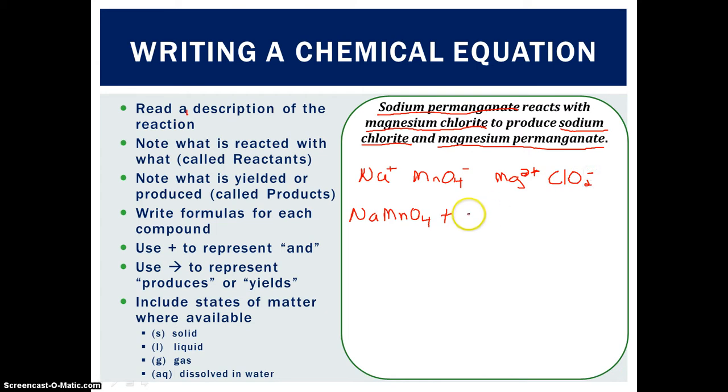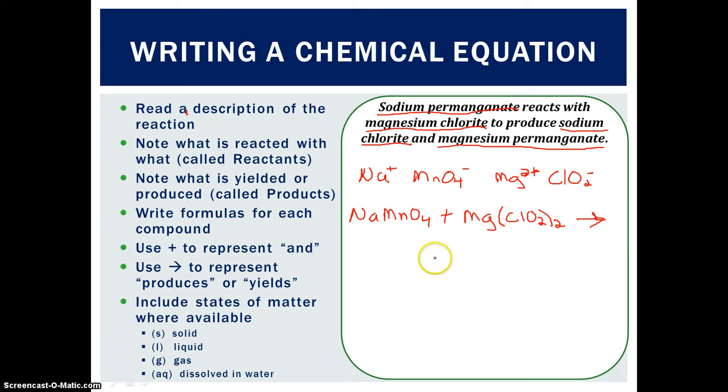When I swap and drop here, I get Mg, and then in parentheses ClO2, and then a 2. Ideally, you would write all of this on one line. You can see that I'm running out of space here, so I'm going to draw the arrow to show produced, and then what should be up here on the line, I'm just going to write underneath.